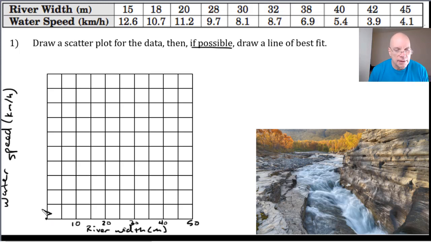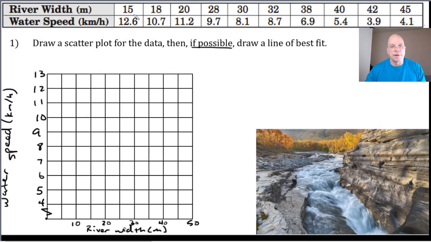So a break looks like this, and that tells the person looking at your graph that yes, this is 0, but I'm going to skip from 0 to whatever my first data value on my y-axis. I'm going to go ahead and start with 4, even though this is a bit below 4, because I can just plot 3.9 just a tiny bit below 4. So this will be 4, 5, 6, 7, 8, 9, 10, 11, 12, and 13. That'll let me fit in everything all the way up to 12 and 6/10.